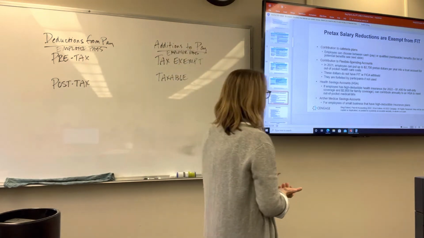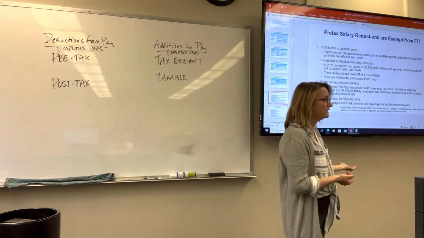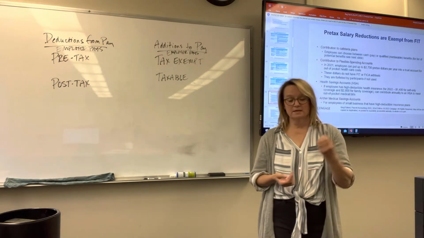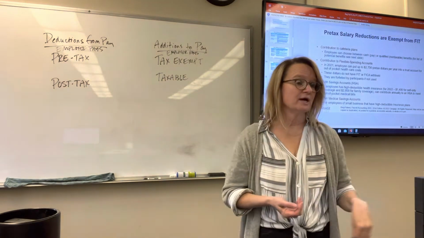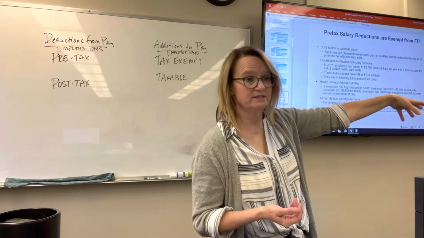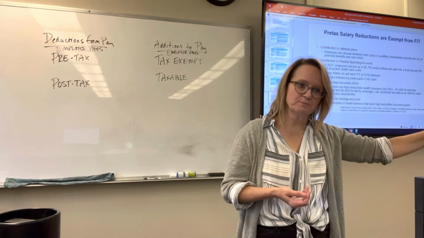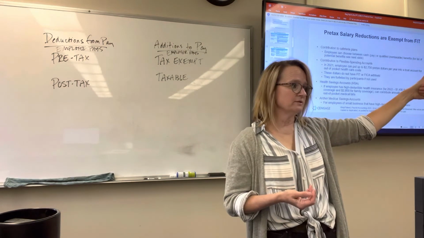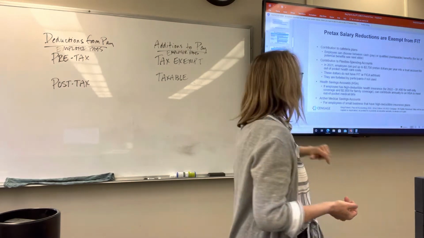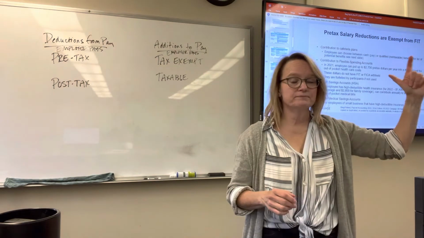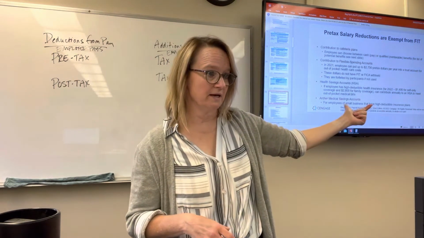Flex spending accounts. This is where the employee has an amount deducted from their paycheck and put aside into a savings account. That savings account can only be used for specific purposes though. There are medical flex spending accounts, and then there are dependent care flex spending accounts.